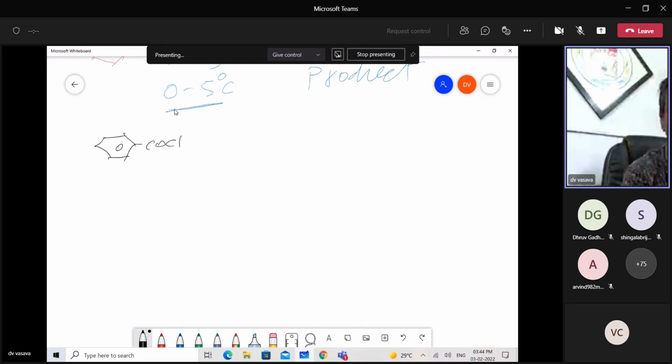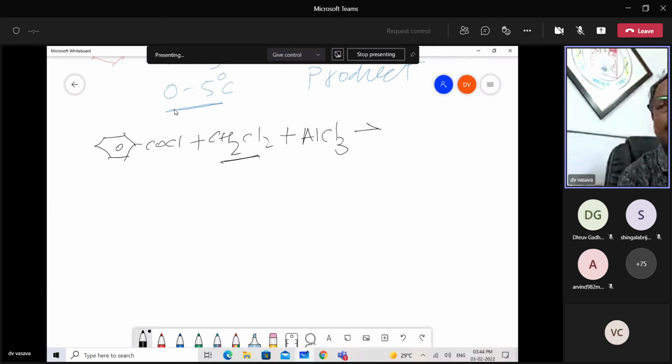So this benzoyl chloride is dissolved in CH2Cl2, methylene dichloride, MDC. This is the solvent. Okay, it is a solvent.